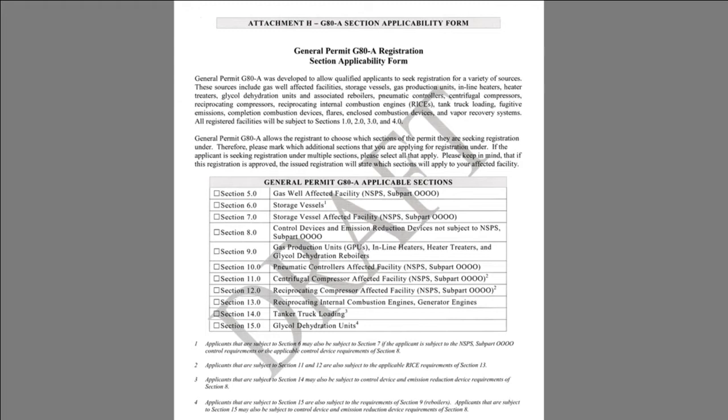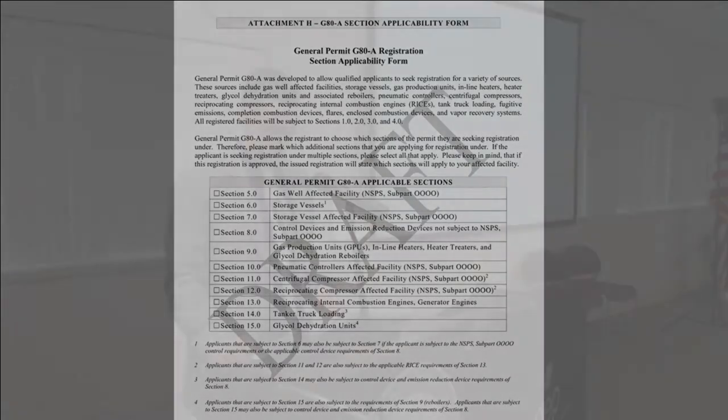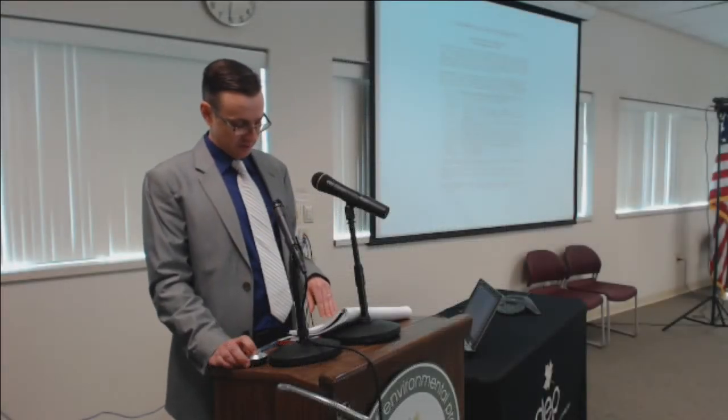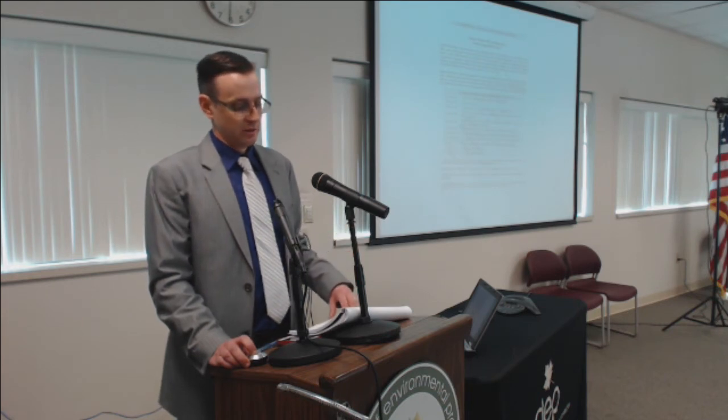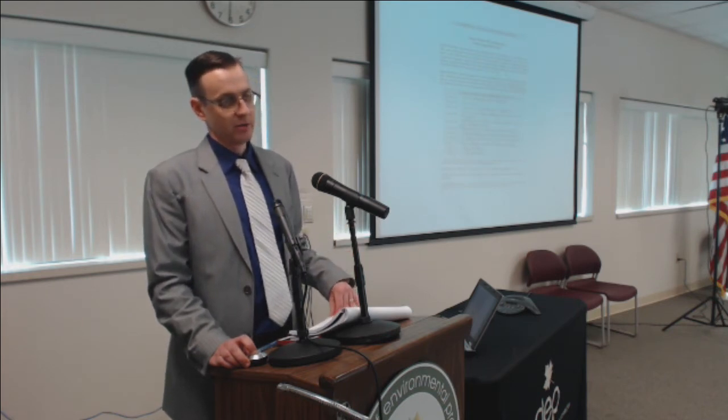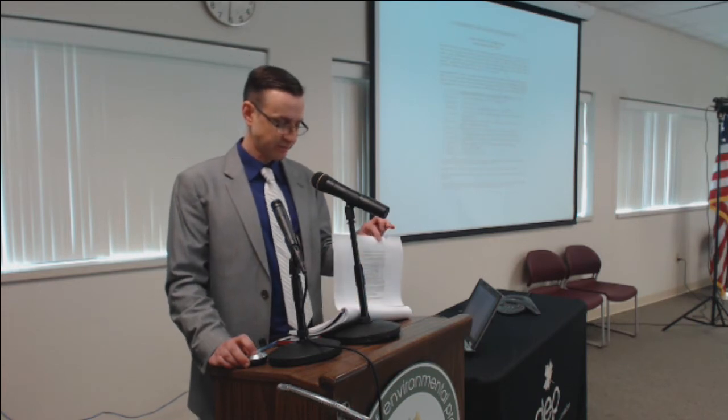Like if you have a storage vessel subject to section 6, you may be also subject to section 7 if it's subject to the Quad O control requirements, or you may be subject to section 8 if you have a control device and it's not subject to the Quad O requirements. So as you can see, there's different scenarios below where if you're subject to one section, you may be subject to another section, or you are subject to another section.